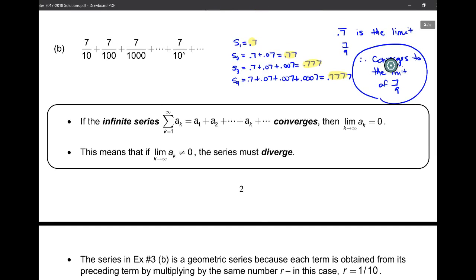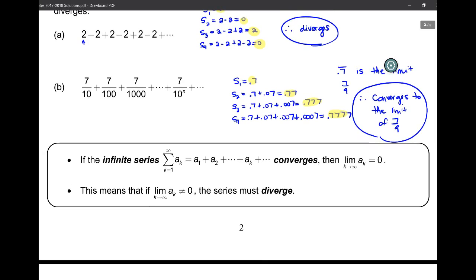Okay, so if we have an infinite series and it converges, then we know the kth term has to be equal to 0. So again, if we know this converges, then the kth term, as k goes to infinity, has to be equal to 0.